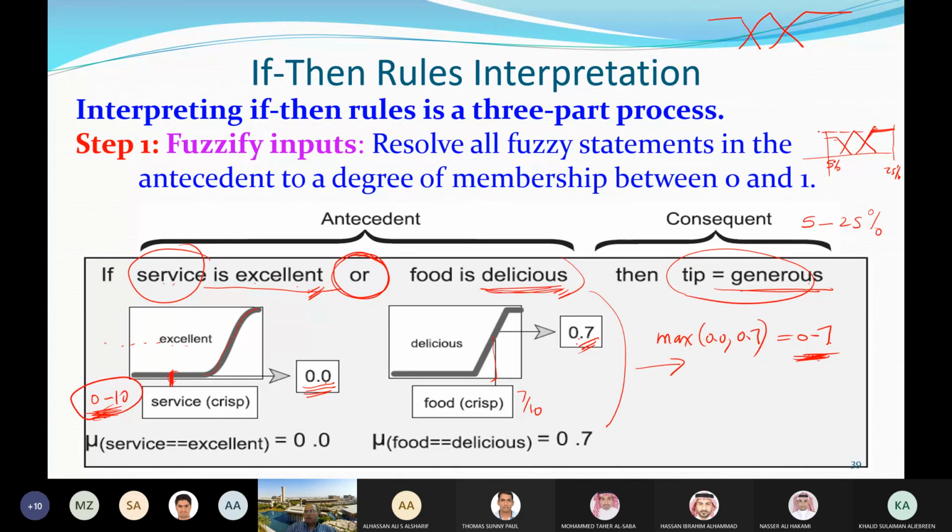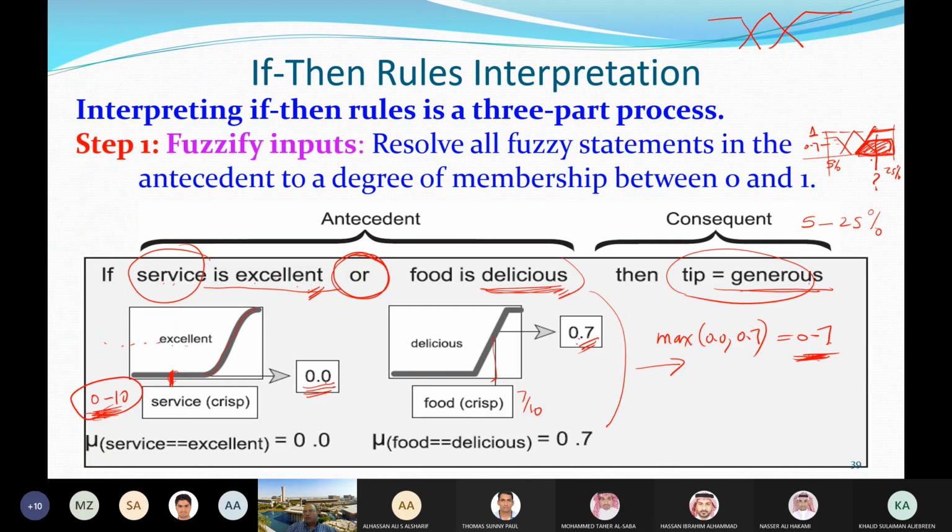This is 1, and 0.7 is here. So this is the degree of satisfaction of this. So this is the shape of the output. How do we exactly find the tip that you want to give?